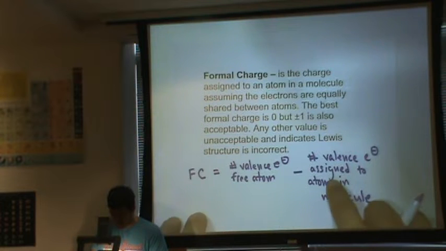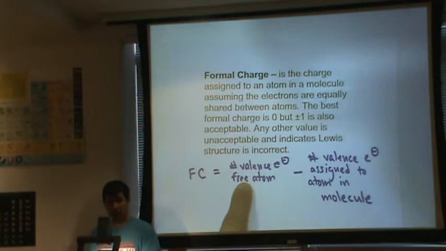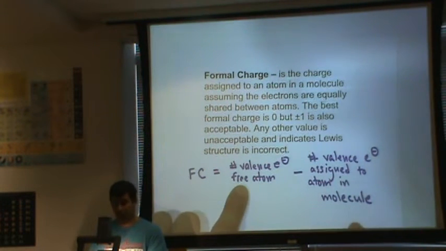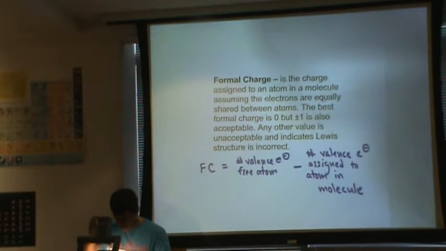So basically, you look at the periodic table, look at oxygen, and it has 6 valence electrons. Then you go to your molecule, look at where the oxygen is, count how many electrons are around that oxygen, and you subtract that, and that gives you the formal charge. We'll do some examples at the very end of the class.